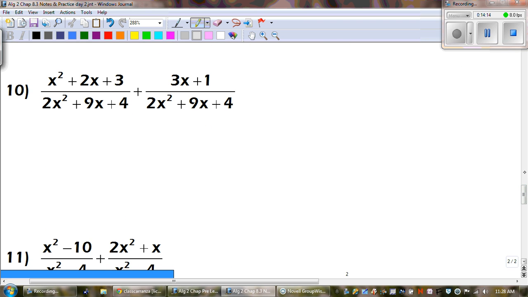All right, number 10. So right away, I noticed that those are the same, and we are adding. Good. So we have 2x squared plus 9x plus 4. In our numerator, we get x squared.